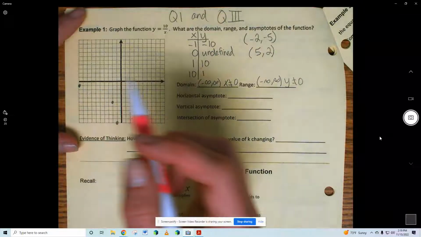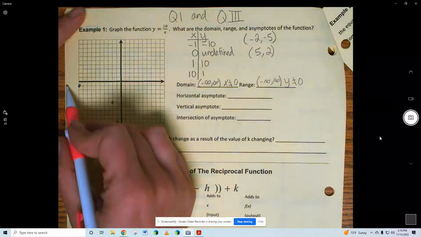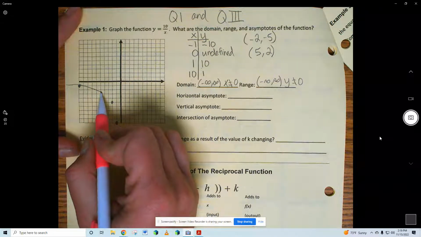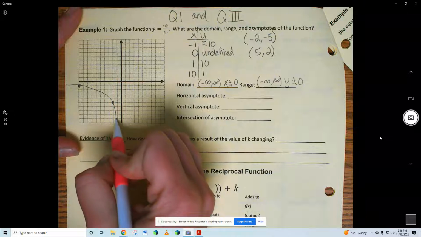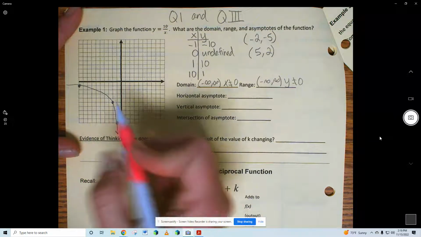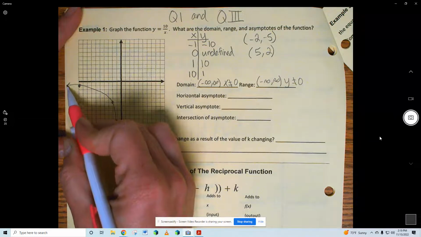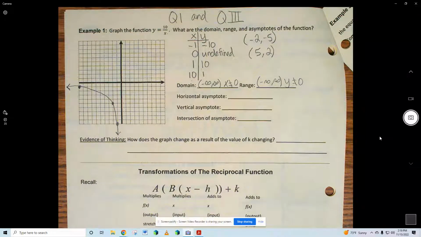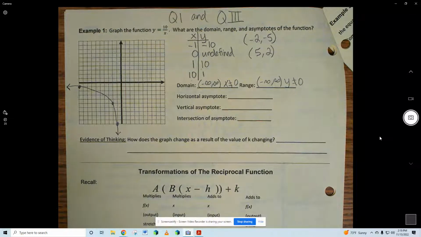So you're going to make a graph that goes like this. Like that. That's quadrant 3.